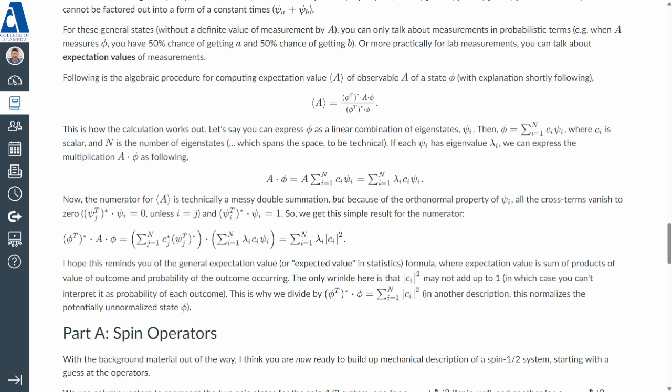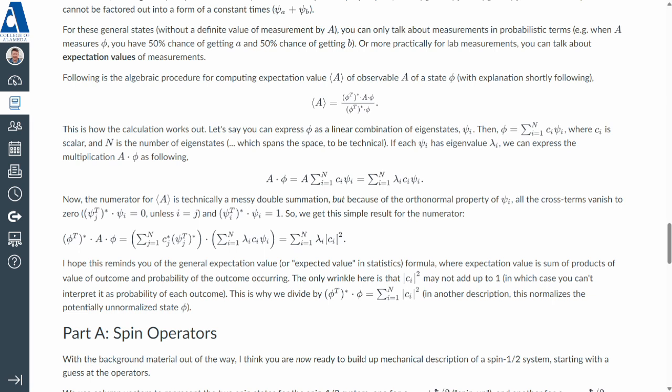I hope this reminds you of the general expectation value formula, also known as expected value in statistics, where expectation value is the sum of products of values of outcome and probability of the outcome occurring. The only wrinkle here is that c sub I modulo squared may not add up to 1, in which case you can interpret it as probability of each outcome.